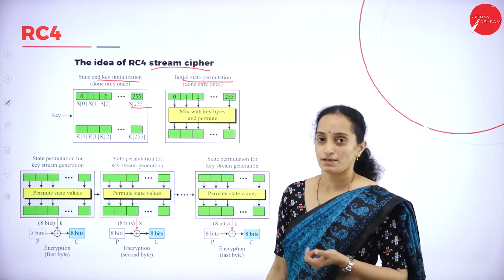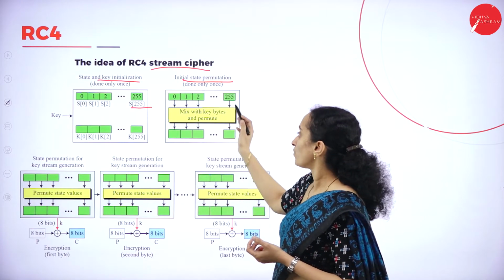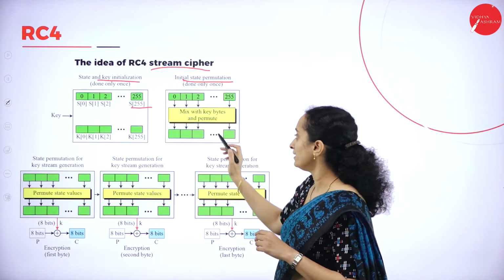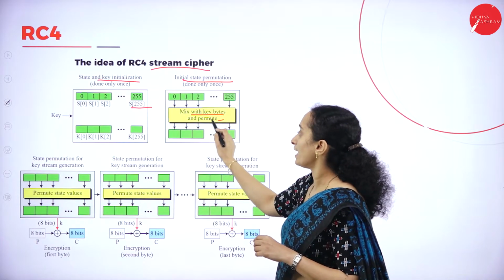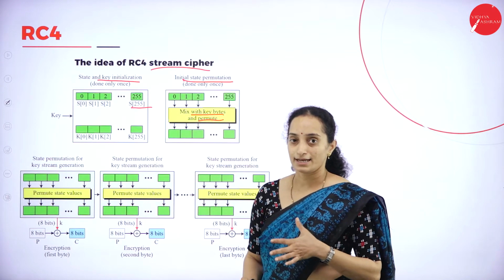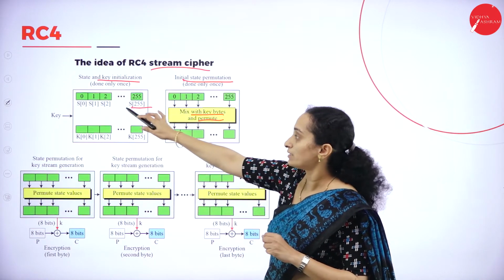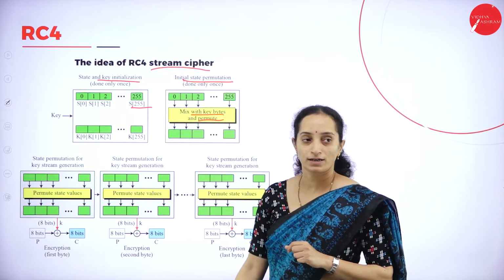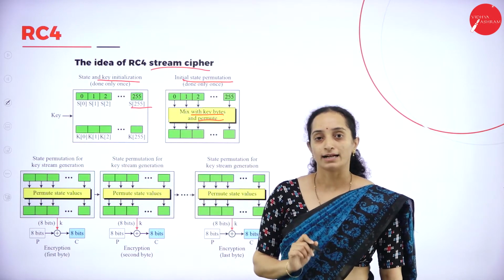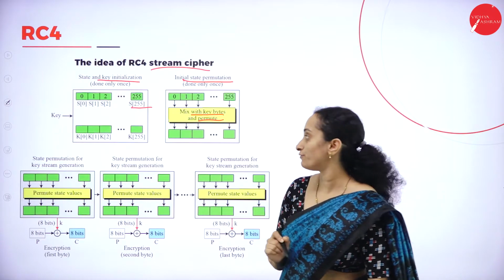Once the key is initialized, you are going to permute the key sets, mix key bytes with key bytes and permute. So you are going to permute the state values. We use S0 to S255 and key sets K0 to K255.